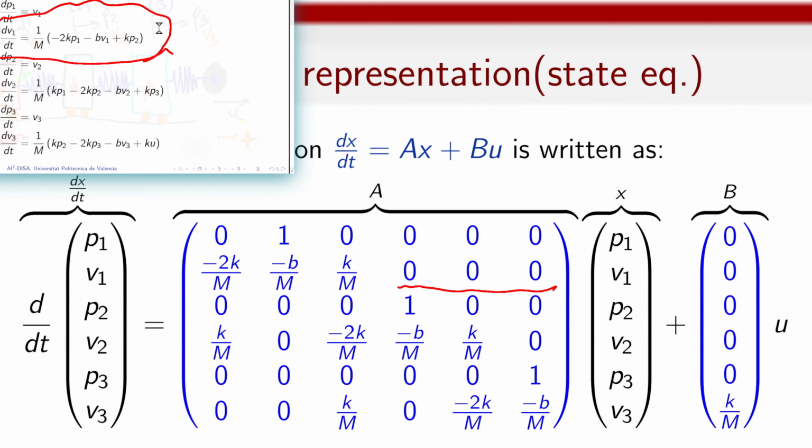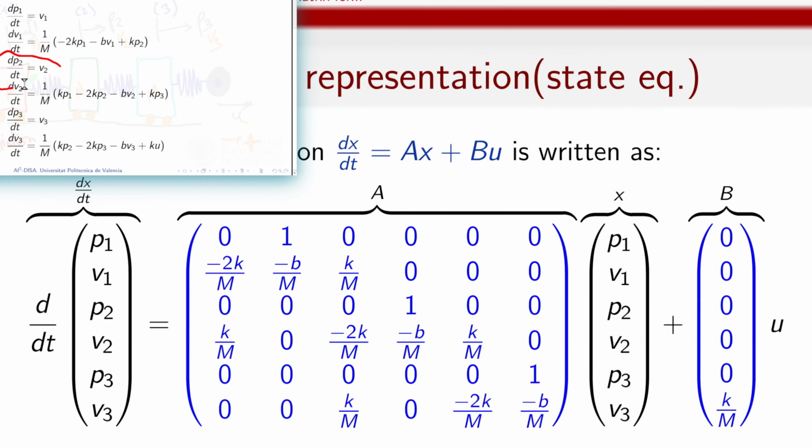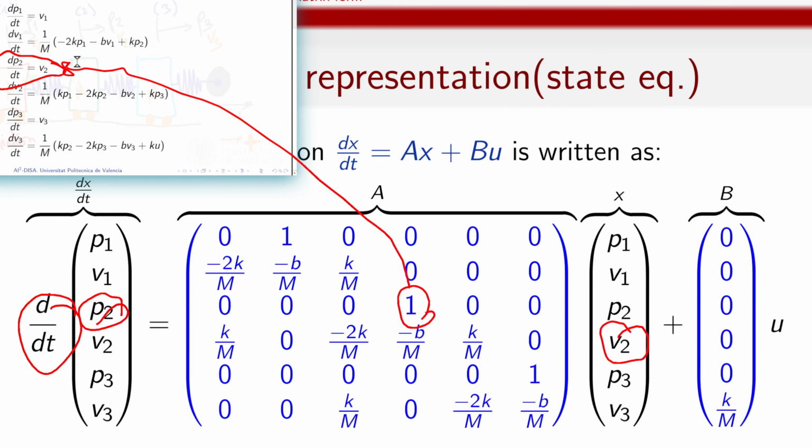Good, so we finish with the second equation, and then third equation, the derivative of p2 is just 1 times v2 and 0 times the rest of the state variables, and this one multiplies the fourth state variable here, so this one encodes this equation here.